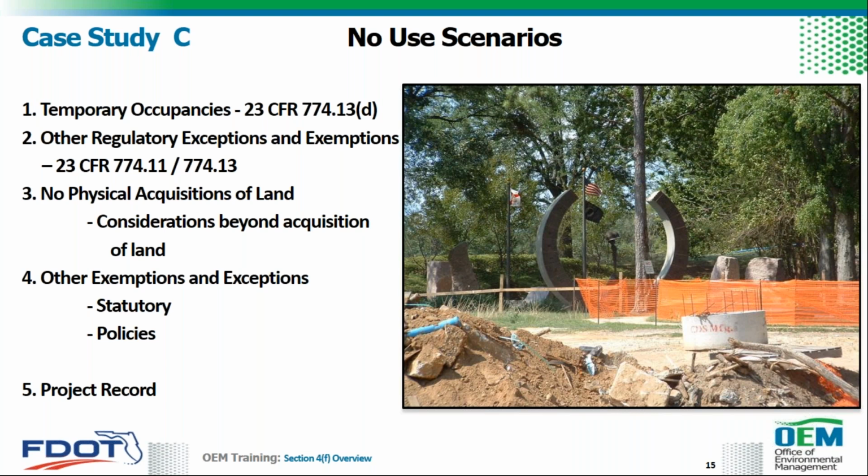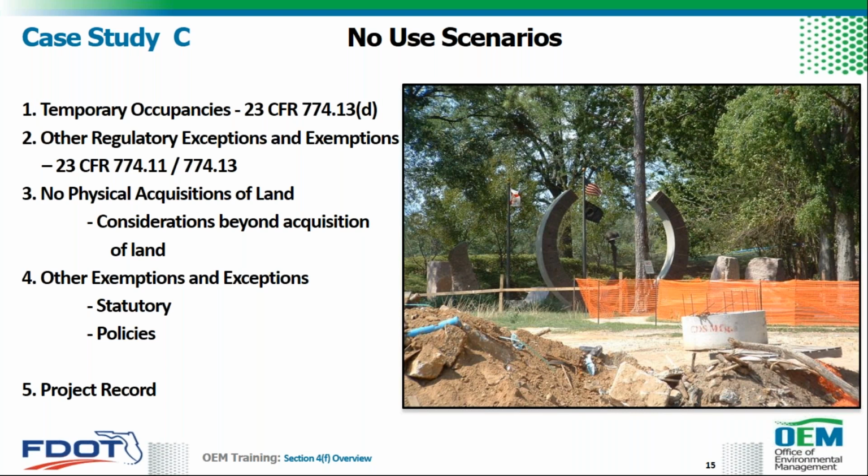And there's another type of, as the title of this slide is, No Use Scenarios, which includes both temporary occupancies, other exemptions and exceptions, as well as no physical acquisition of the land. But no physical acquisition of the land does not in and of itself mean that you cannot have a Section 4F use of the property.